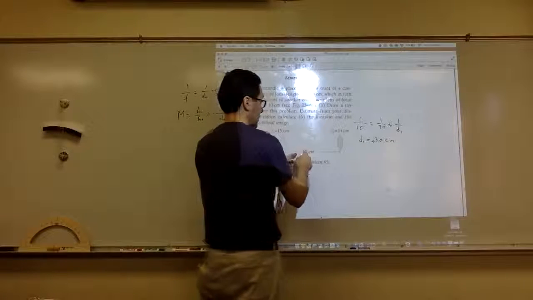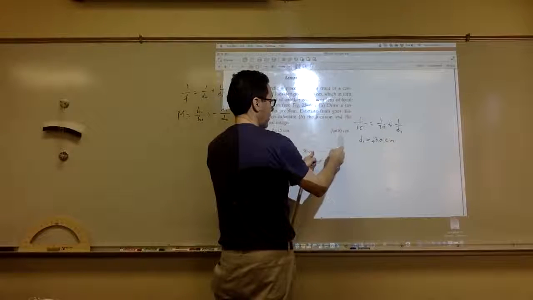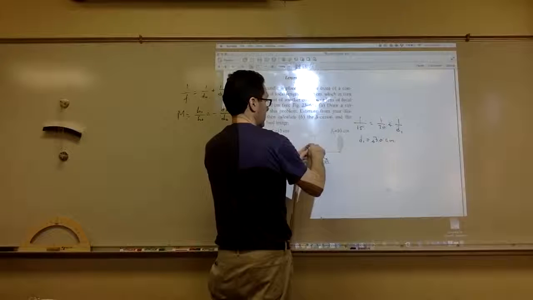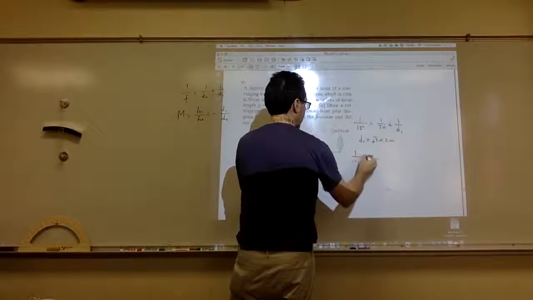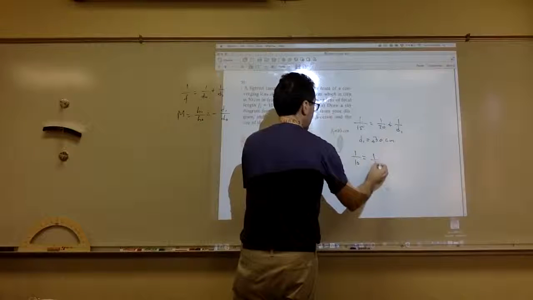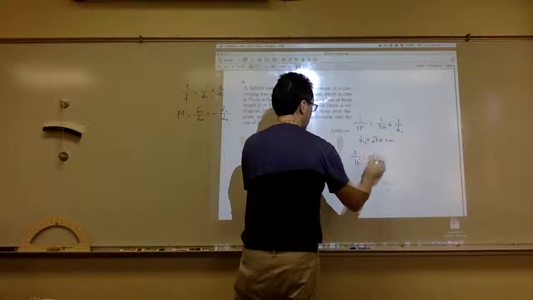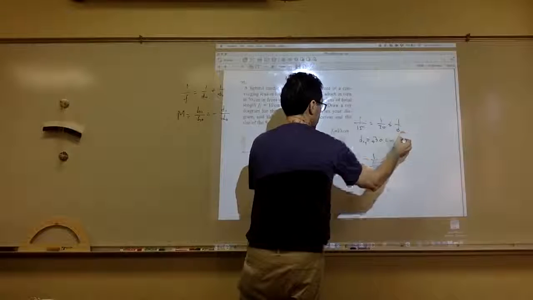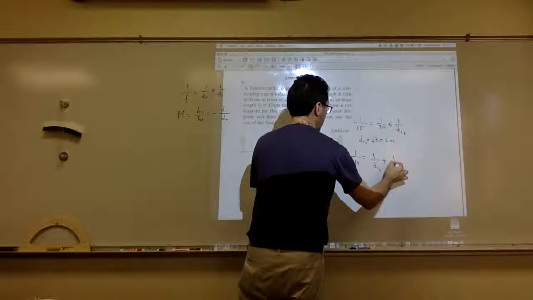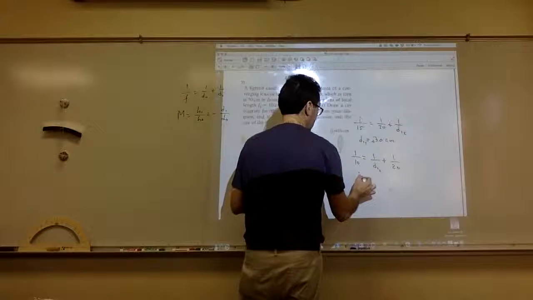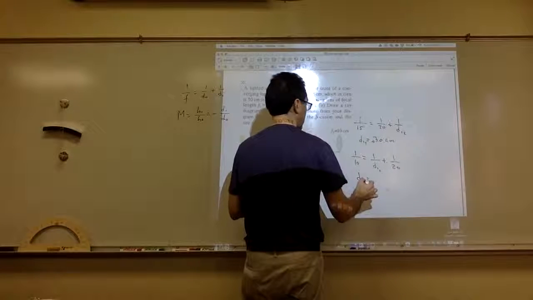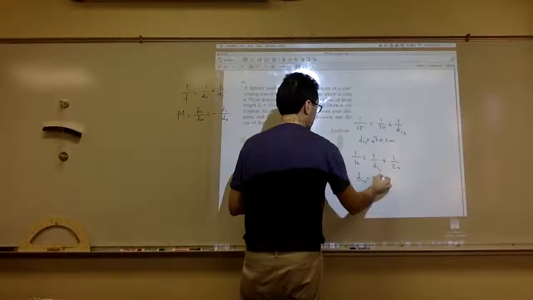Now I subtract 30 from 50 to figure out how far this image of the candle is from the second lens. So it's going to be 1 over 10 equals 1 over a new di, so I guess I can call di1 and di2, plus 1 over 20. Okay, so this di2 is going to be equal to 20 centimeters.